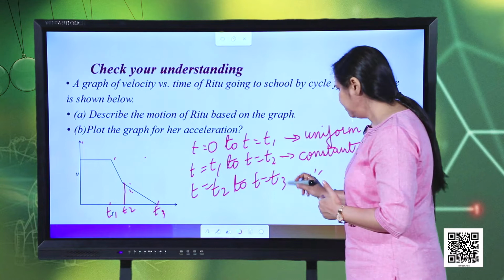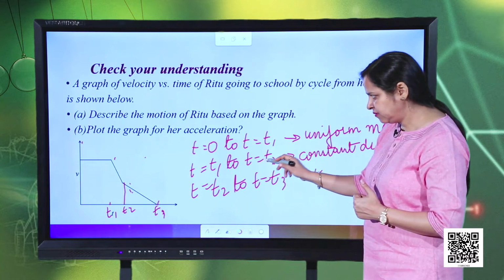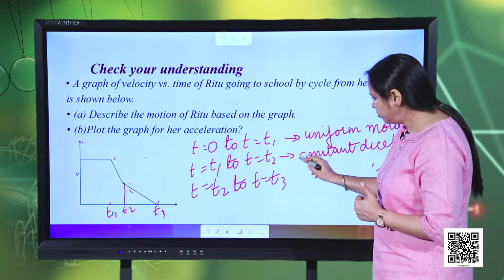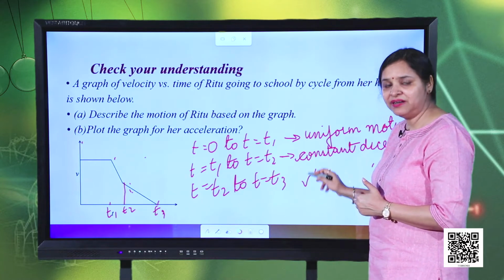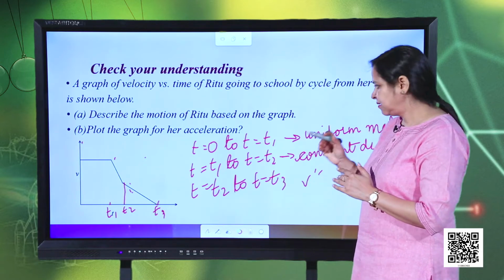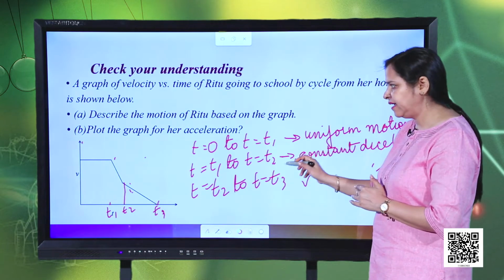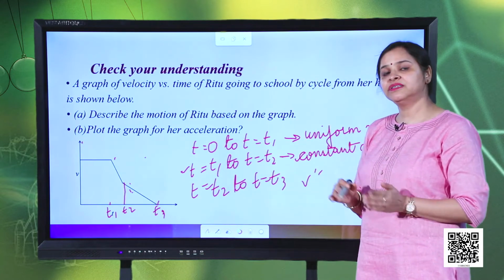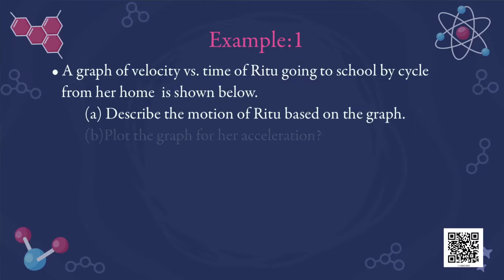So, both of these time durations, t1 to t2 and t2 to t3, represent constant deceleration, but there is a difference in the rate. The rate of deceleration is more in t1 to t2 because of the steeper slope. Now, let us plot the graph for acceleration.